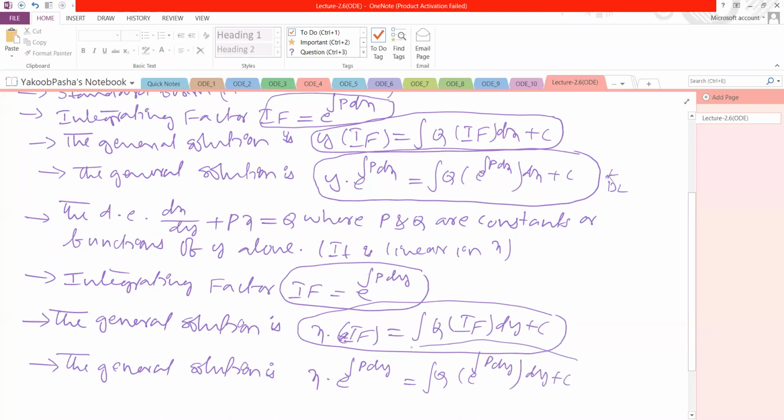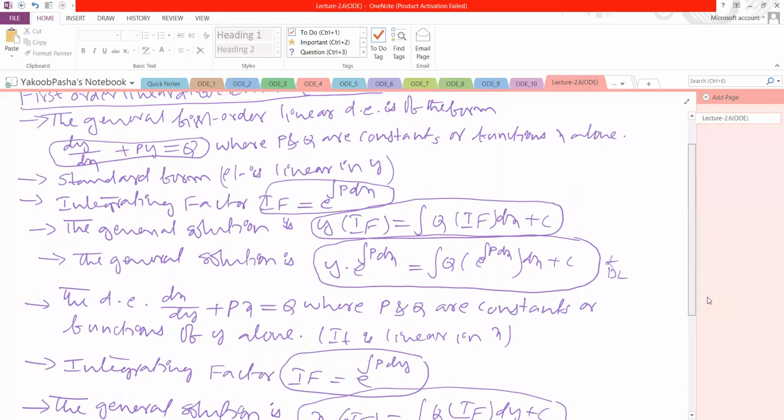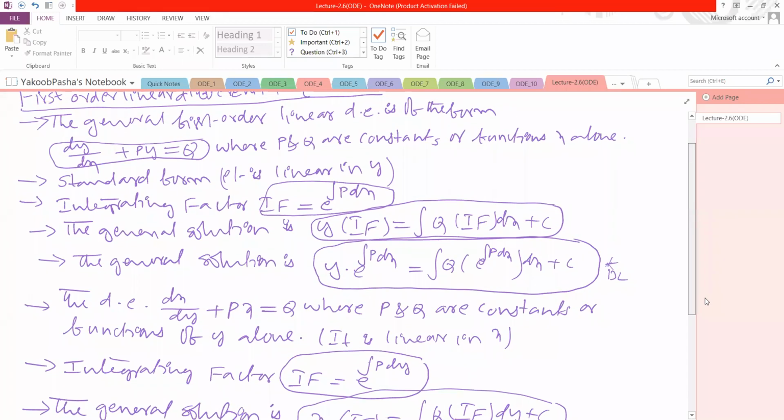This is the general solution of the differential equation dx by dy plus px is equal to q. It is the linear differential equation in the dependent variable x, and dy by dx plus py is equal to q is called the linear differential equation in y.